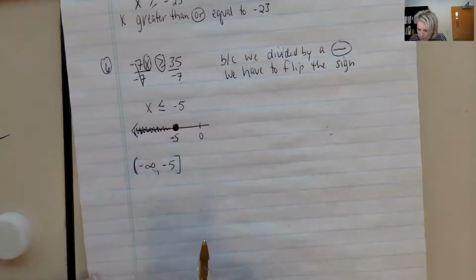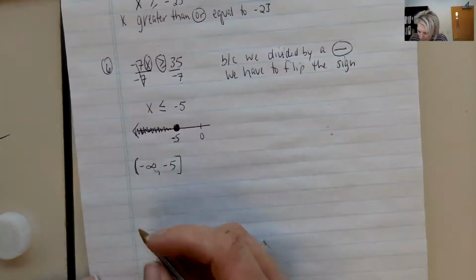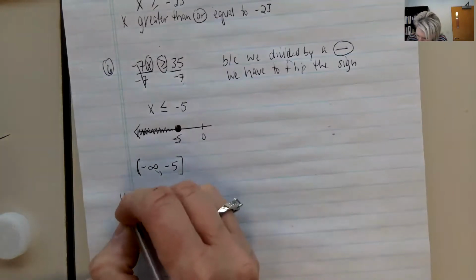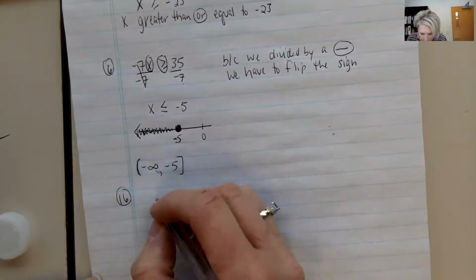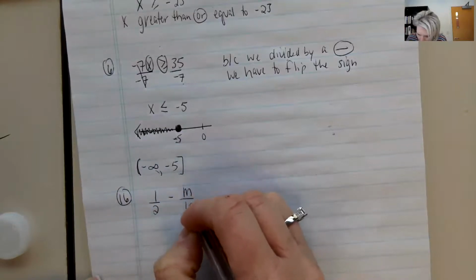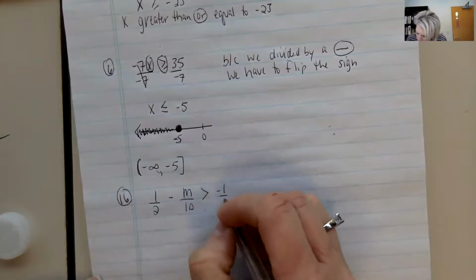Let's do one where we're involving some fractions again, because I know that that's where a lot of folks need help as well as these inequalities. So let's look at number 16. Number 16 has 1/2 minus m over 10 greater than a negative 1/5.